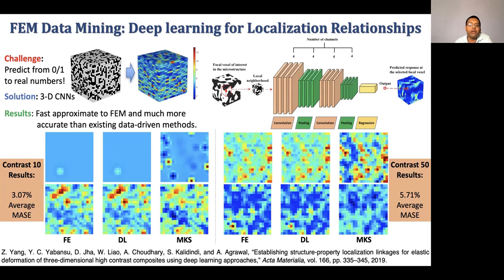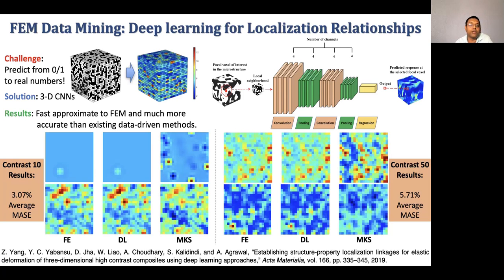Finite element modeling is what is typically used for this, and we use 3D CNNs because this is nothing but a 3D image. When we did that, we found that compared to other data-driven models like MKS, the deep learning model can get much better accuracy, much closer to the ground truth, which in this case is finite element simulations.